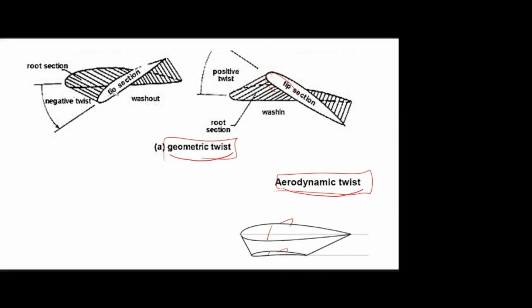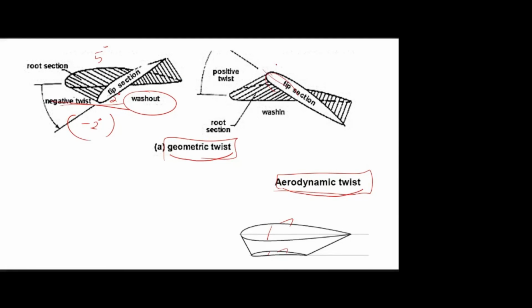If the tip airfoil has a lower angle compared to the root section, that is called washout. For example, the root may be at 5 degree and the tip section at 2 degree, or even some negative incident angle. If you reduce the tip section airfoil incident angle, this is called washout.